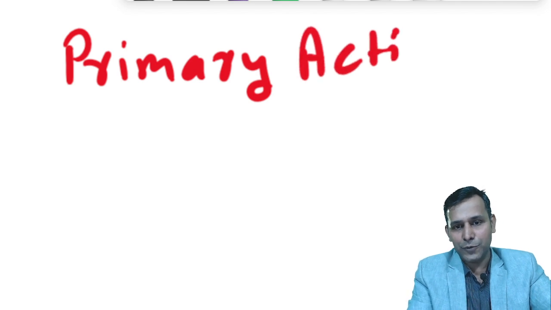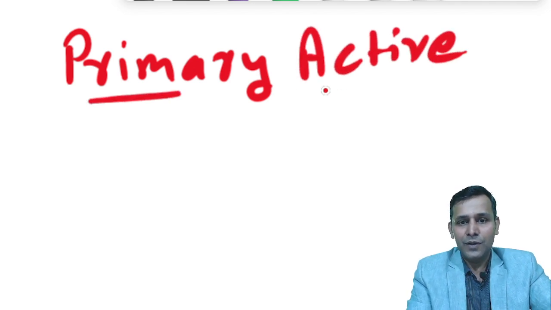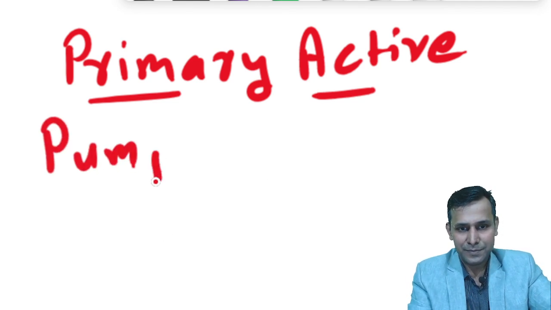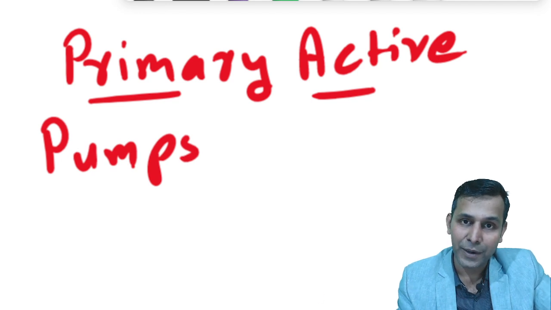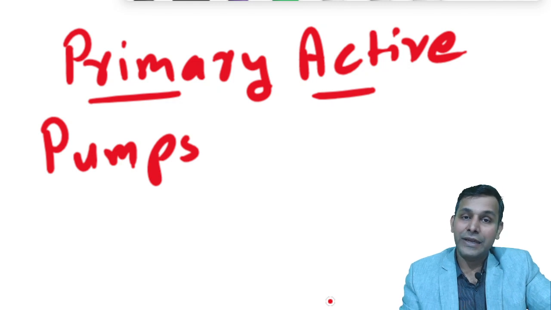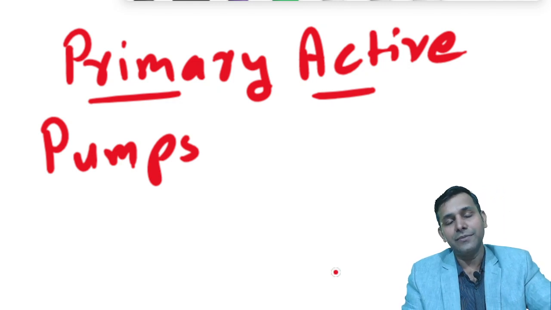In primary active transport, you will always have words like pumps, like sodium potassium pump, or sodium potassium ATPase, or calcium pump, or calcium ATPase.